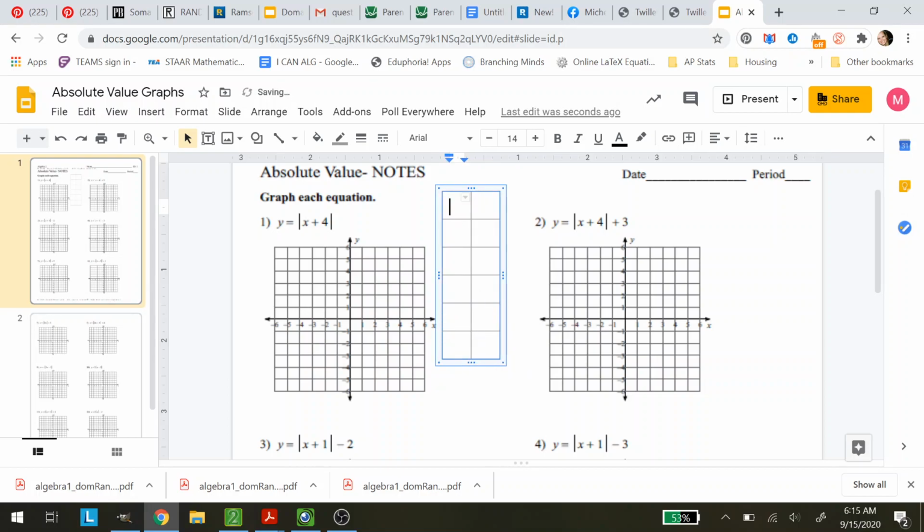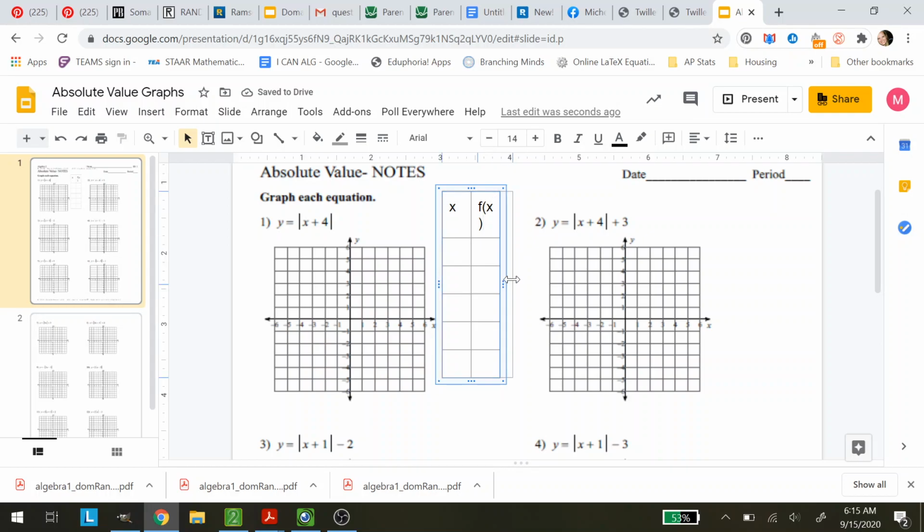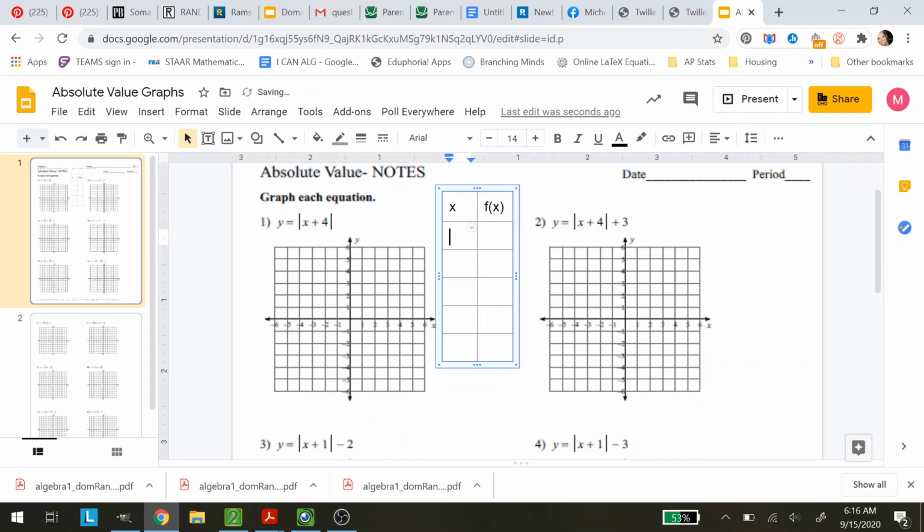Better. So I want x, and I want f of x. Okay, we'll take a little more space. So if I plug in, I'm going to pick -4, -2, 0, 2, 4.